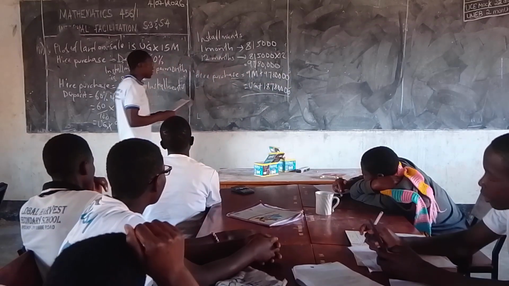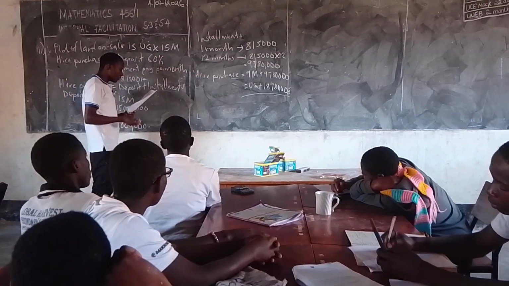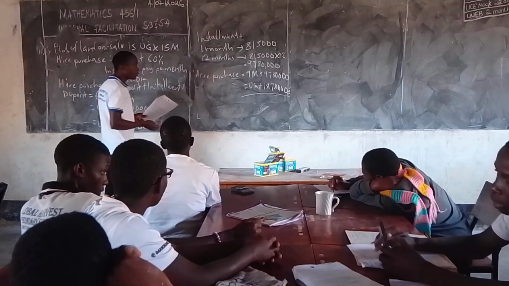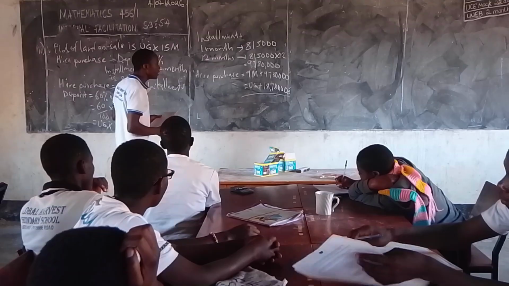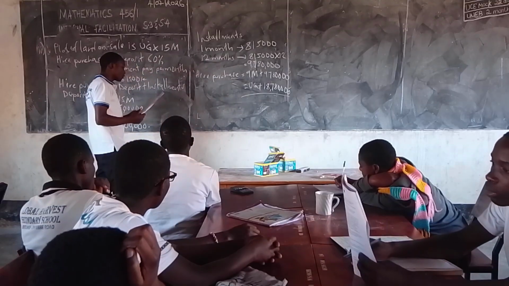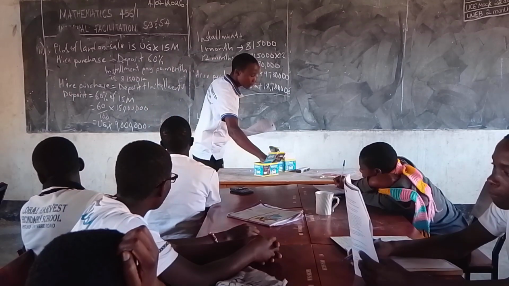Okay. So our conclusion says that therefore Zulfa will pay the total amount of 18,780,000 shillings for the plot of land. So that's part A.